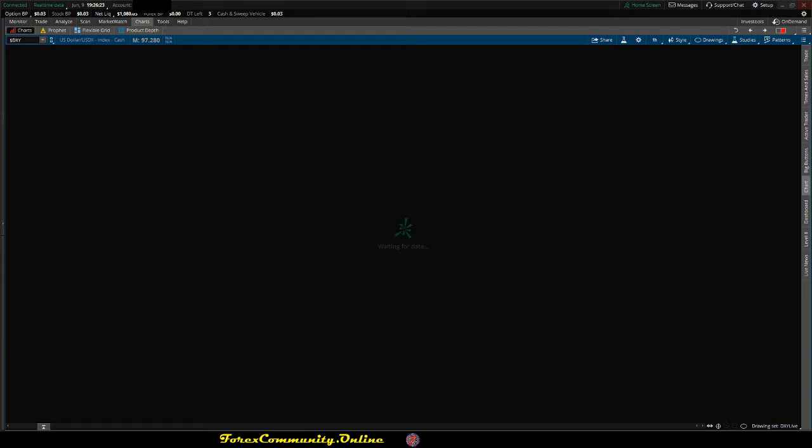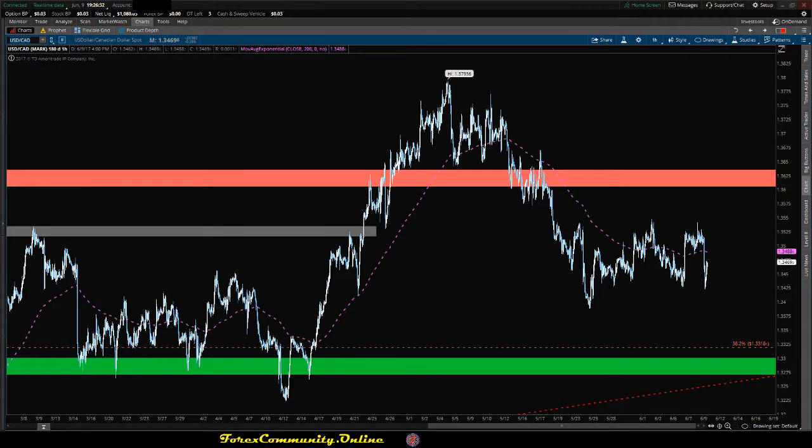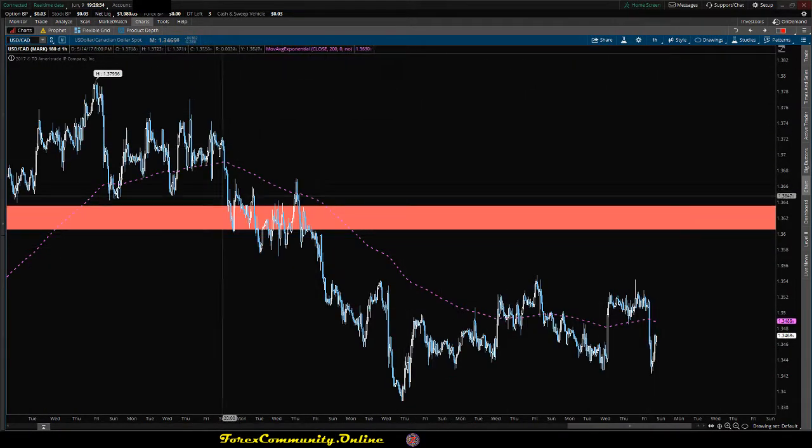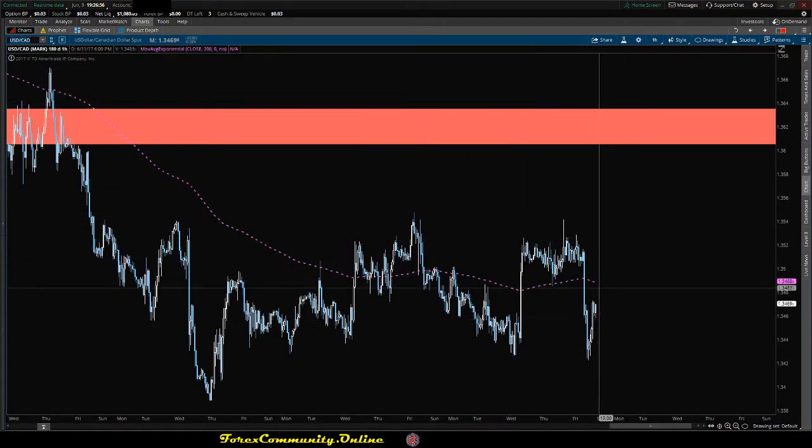But really, when we're looking at Forex and when we're looking at currency pairs, we should always consider the value of both sides of the pair. Now, something like the US dollar Canadian, we can see that we were just kind of consolidating, ranging all through Thursday, right up until Friday morning.